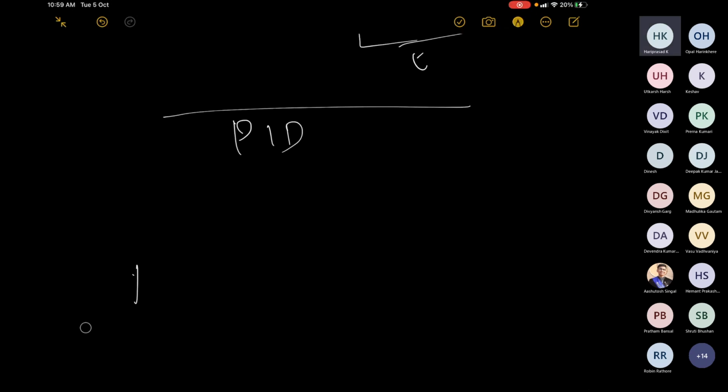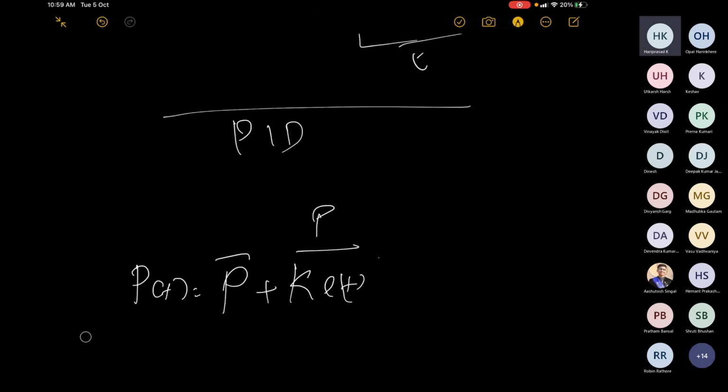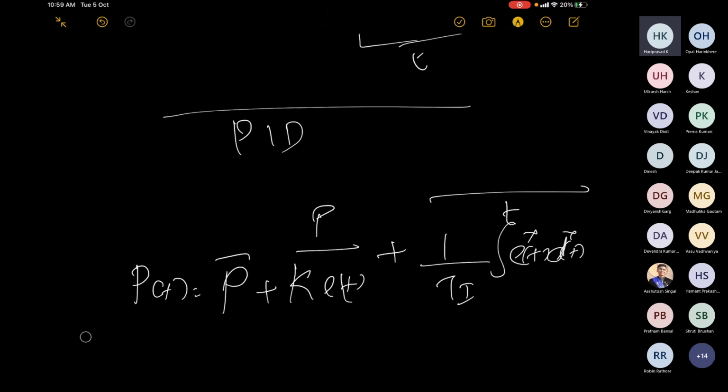So your P of t would be P bar plus K times E(t), which is the proportional term, and 1 by tau I times the integral of E(t*) dt*. If you need, you can put a star for a dummy variable. This is the integral term, and of course you should have a derivative term, tau D dE(t) by dt.